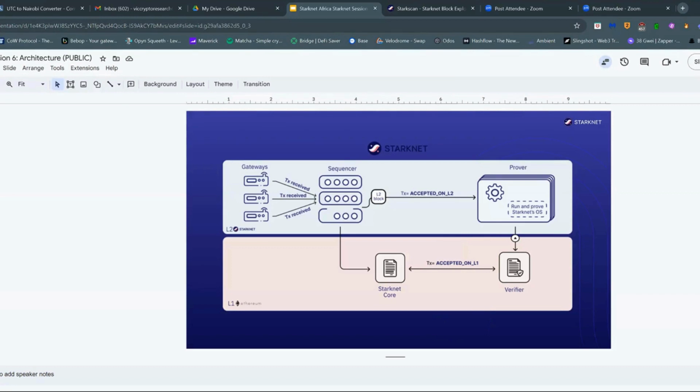We can see this diagram over here, and this simple diagram covers essentially how Starknet works under the hood. We can see a few terminologies here that we are going to break down through the lesson. We have the gateways, the sequencer, the prover, the verifier, and the Starknet core smart contract.